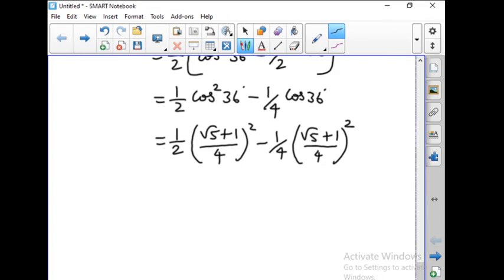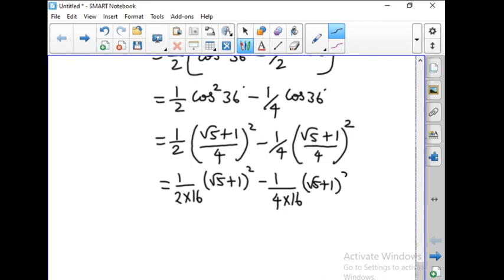So here, if you see, 1 by 2, 4 square is 16. Now 1 by 2 into 16 into root 5 plus 1 the whole square, minus 1 by 4 into 4 square is 16, into root 5 plus 1. Right? It is not whole square here. The whole square does not come here.